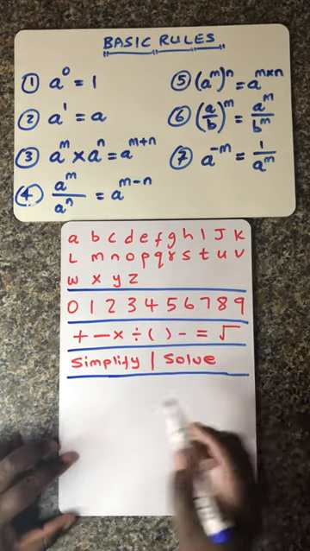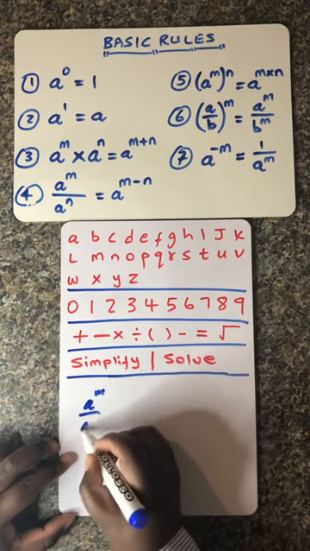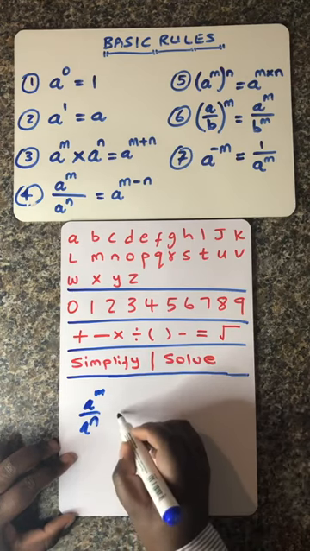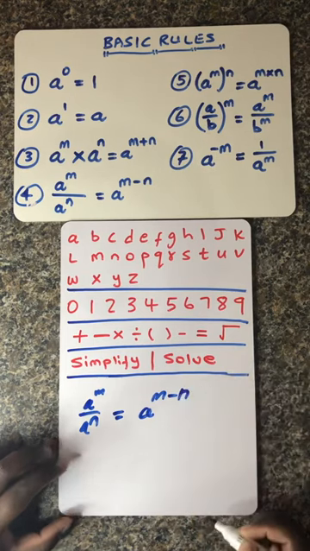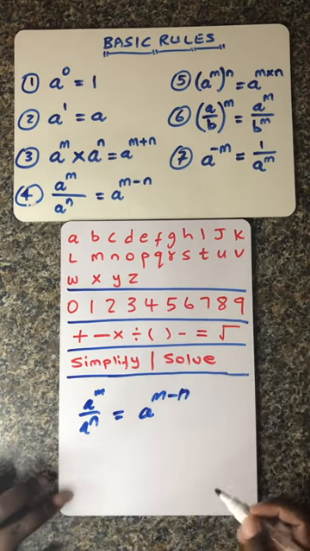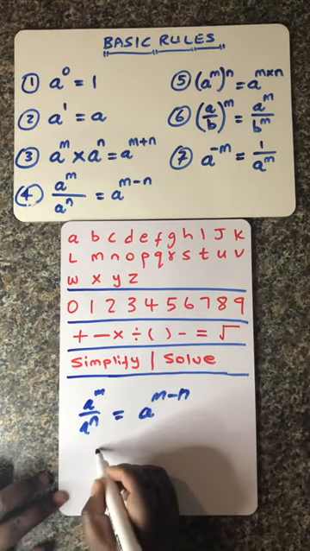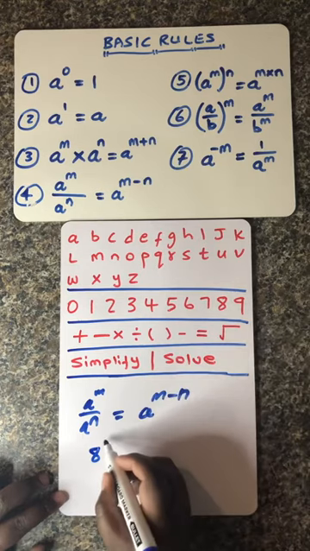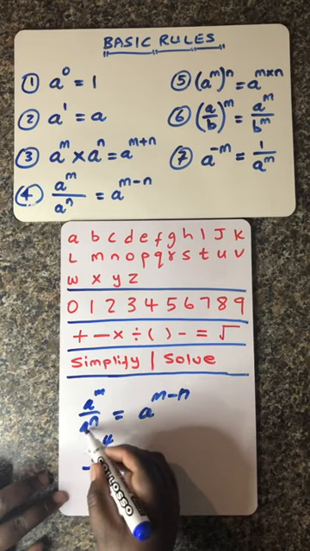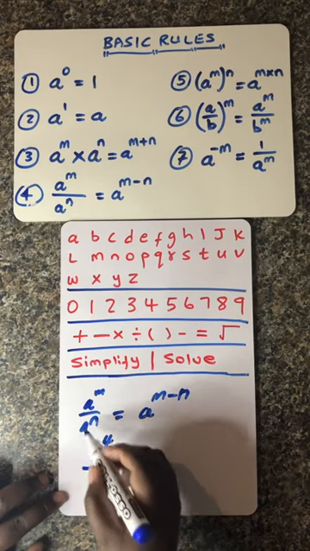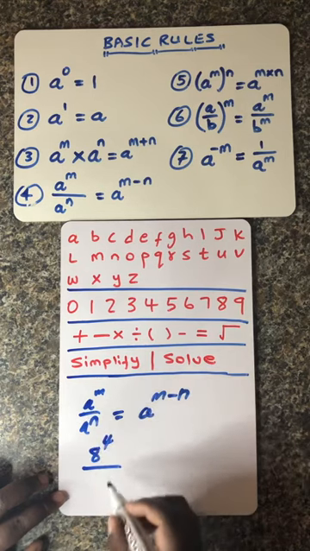Okay, so guys, rule number 4: a to the exponent m over a to the exponent n is the same as a to the exponent m minus n. So what it means, guys, is let's say our a, in this case, is 8. So it's 8 to the exponent 4 over 8 to the exponent 2. I use 8 there, because 8 represents a, and wherever I see a, I use 8.